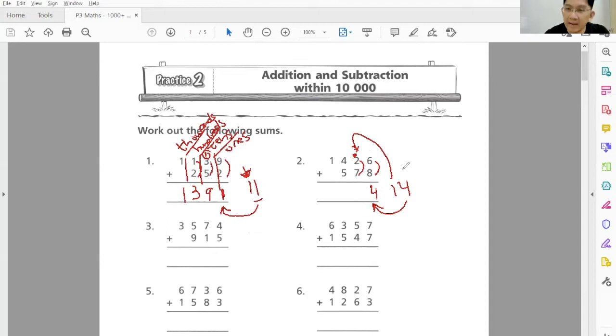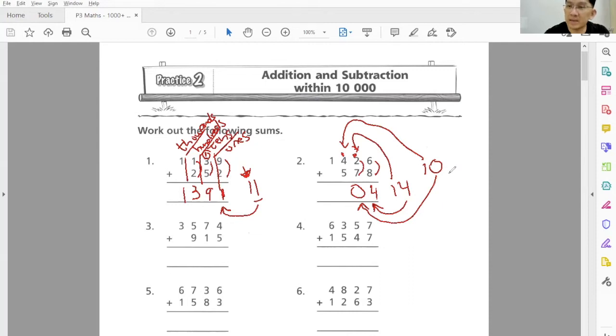Now that 10, okay, the 0, we're going to write down here under this group. And the 1 goes to the next one. Okay. So 0 goes here and 1 on top of the 4. Next, 4 plus 5, 9, and then plus 1, 10 again.